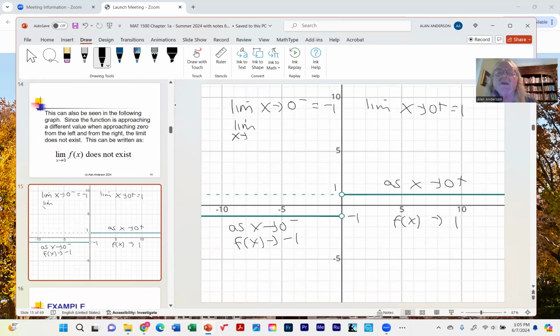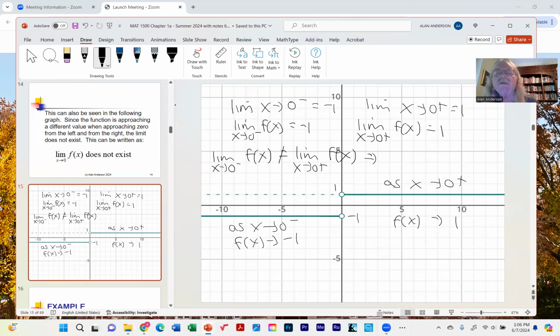This is the way we normally write it. And since they're different from each other, meaning they're not heading in the same direction, that implies that the limit does not exist.